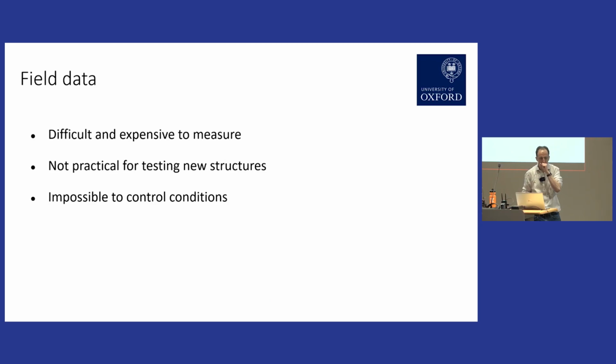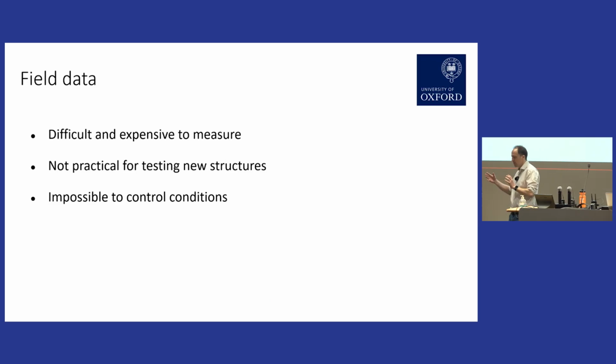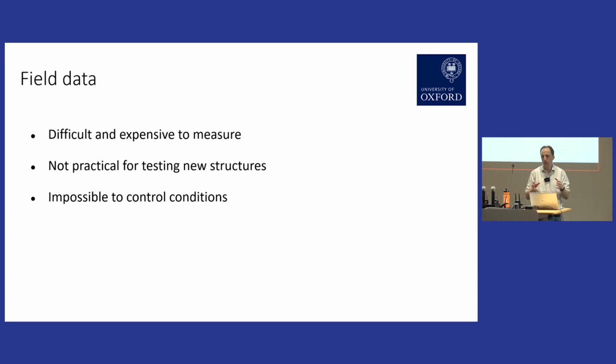But perhaps most of all, and perhaps why it's so difficult to really understand things perfectly from a theoretical point of view, we can't control the conditions. Very often we can see that our assumption that the background sea state remains stationary over an hour isn't a great one, and we may not get the exact conditions that occur.